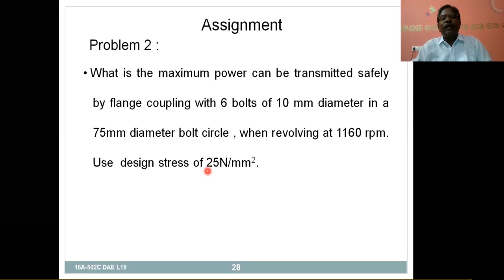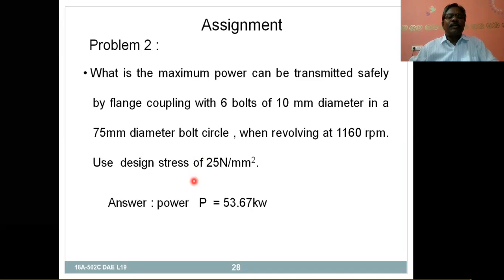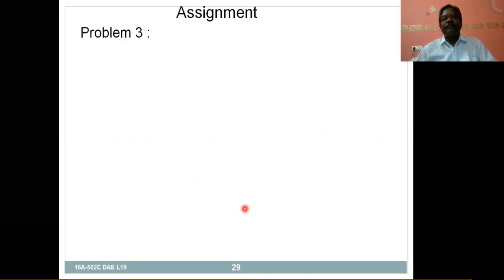After calculating the torque value using the shearing strength of the bolts, you can calculate power using torque and speed. Power is equal to 2 pi N T by 60. It is also a very simple problem. So power is equal to 53.67 kilowatts.